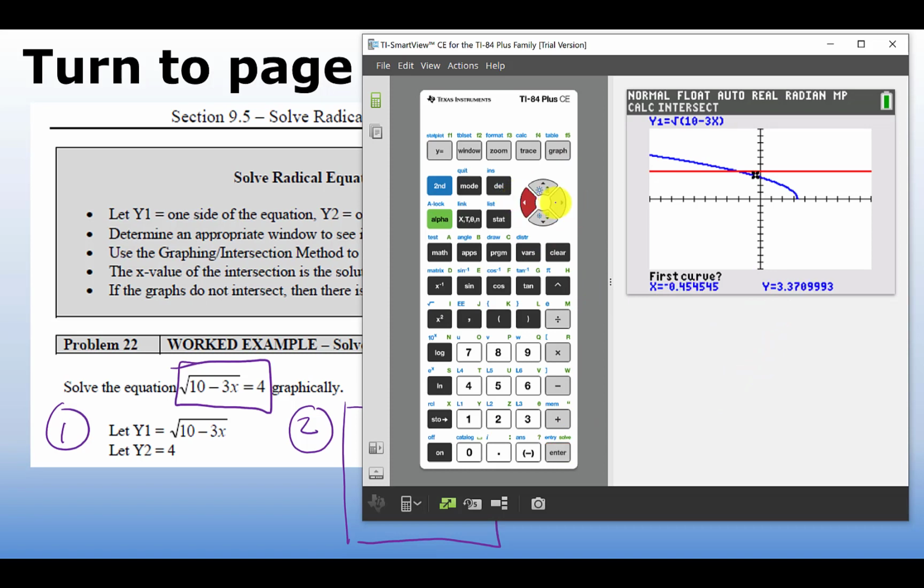What's the first curve? It suggests y1, so we hit enter to say yes. Now, what's the second curve? It's shifted to the other curve, suggesting y2, and we hit enter to say yes. Now it needs a guess, which, as long as there's only one intersection point, doesn't matter a whole lot. And it found the intersection point at negative 2, 4.